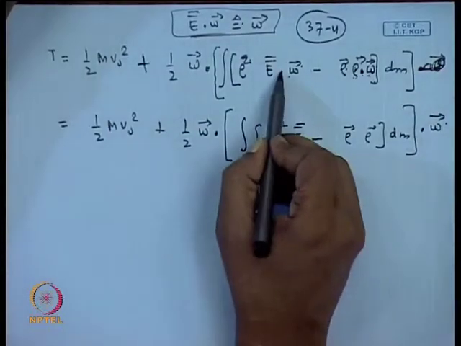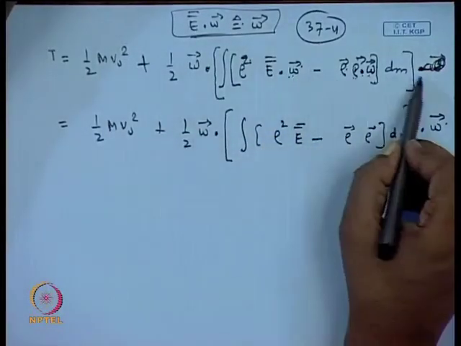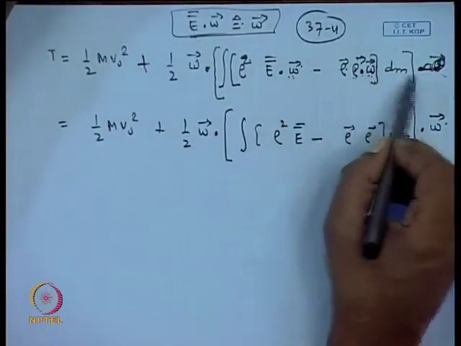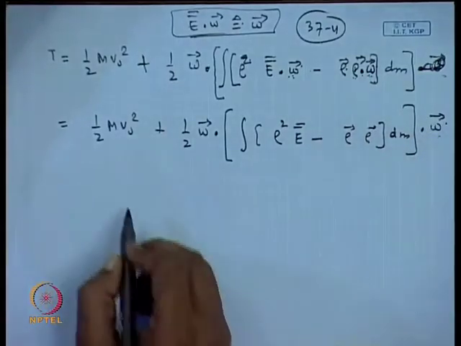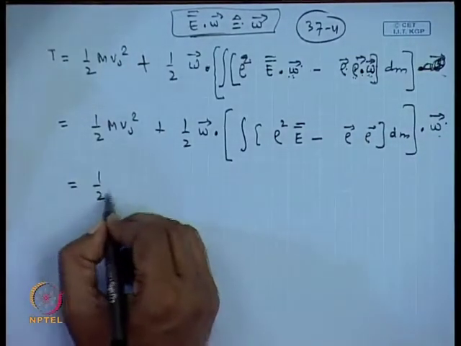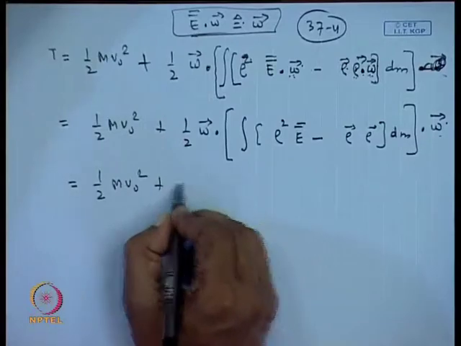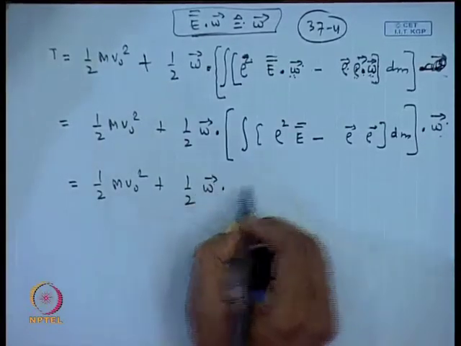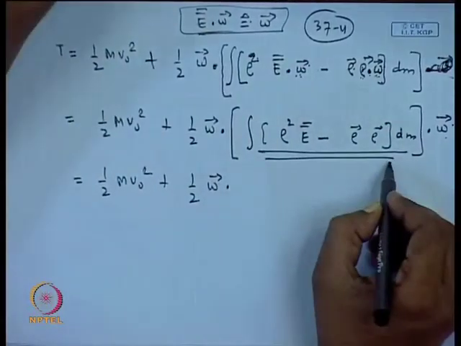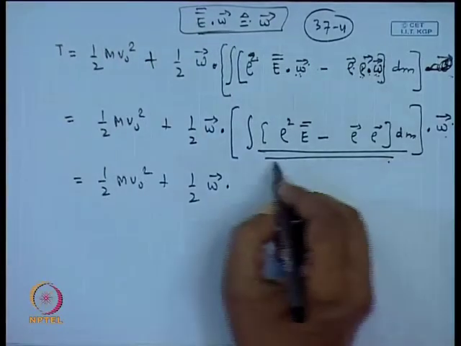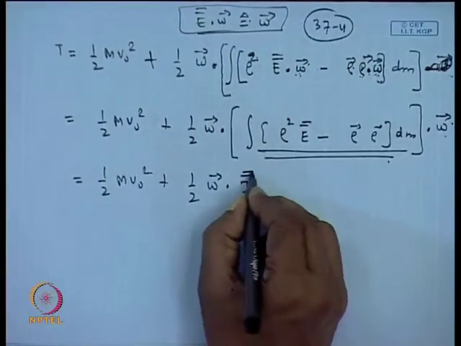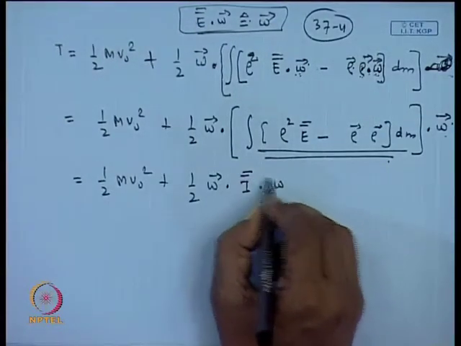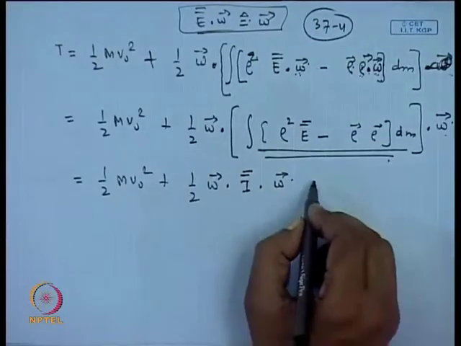We are taking the dot product this omega outside this whole bracket. From here and here, both the places we have taken it outside. Now, if you remember, this quantity is nothing but our inertia dyadic that we have defined earlier. So, we can write this as I double bar times omega.